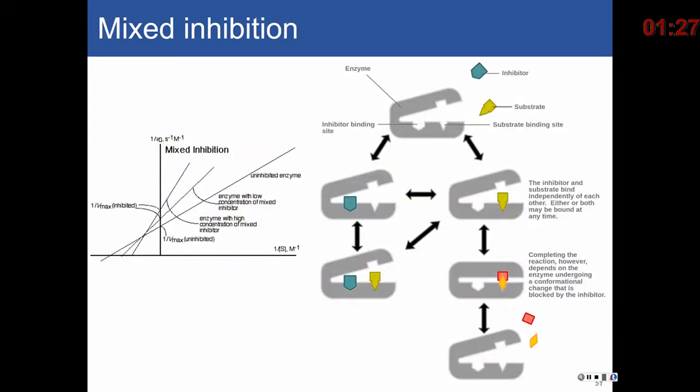So then we've got our mixed inhibition. Now our mixed inhibition is depicted this way. So in our mixed inhibition, we've got our inhibitor and we've got our substrate, and then we've got our enzyme. Now our enzyme is going to be able to bind our substrate or bind our inhibitor, and it could even bind both. But when both are bound, it prevents this enzyme from clamping down, in this case, on the substrate and completing the reaction.